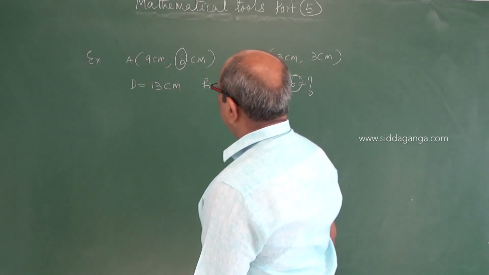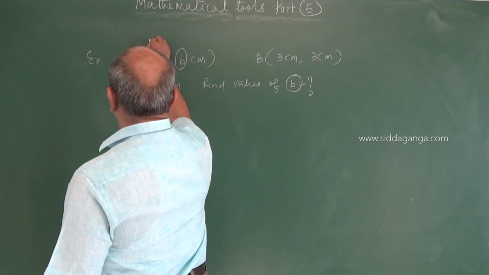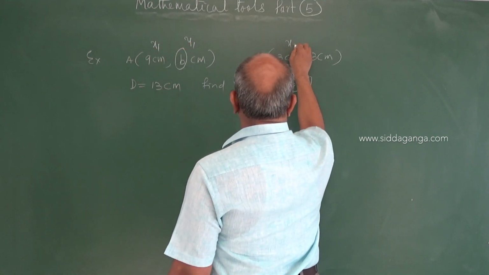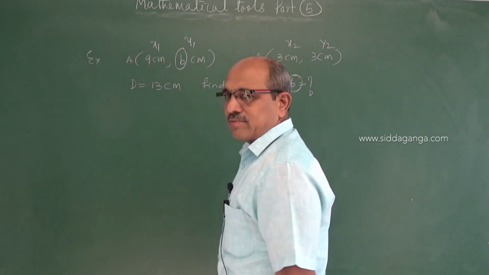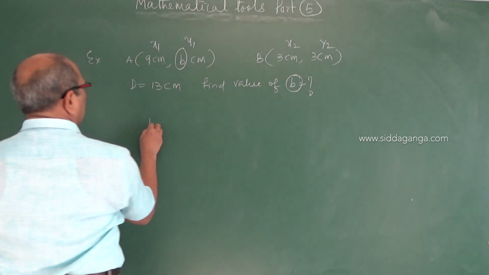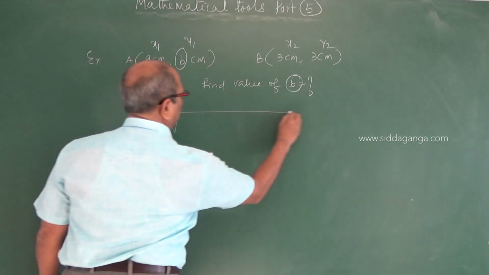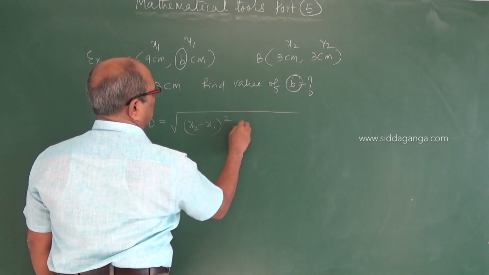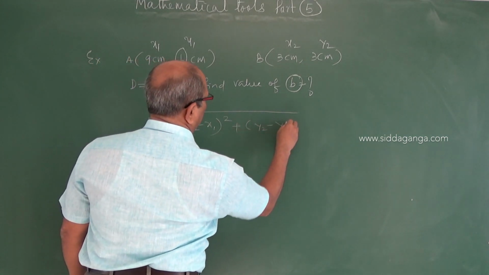Graph drawing is not necessary here. You know the formula now. It is x1, y1, x2, y2, and z is absent. You know the three-dimensional distance formula. Now this distance is equal to root of (x2 minus x1) whole square plus (y2 minus y1) whole square.